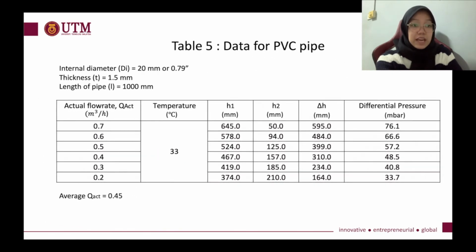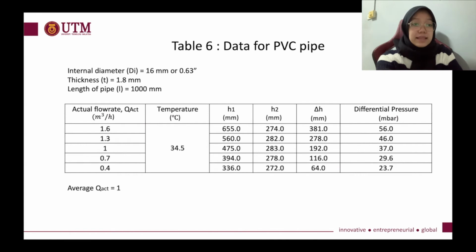Next is table 5, data for PVC pipe, with internal diameter 20 mm, thickness 1.5 mm, and length of the pipe 1000 mm.